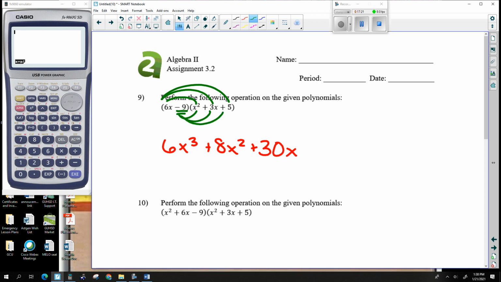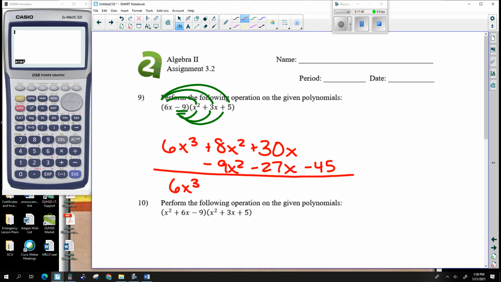Repeat the process. So negative 9 with x squared is negative 9x squared. Negative 9 with positive 3, negative 27x. Negative 9 positive 5 is negative 45. So putting everything together, I have 6x to the third, negative 1x squared, positive 3x, and negative 45.